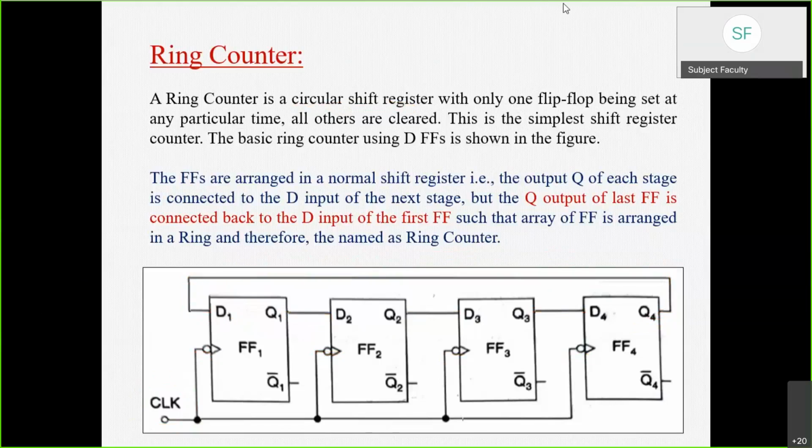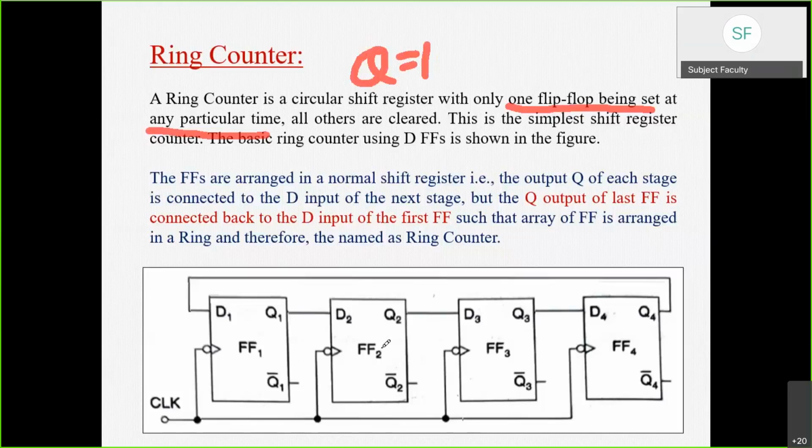This is again an important point that you have to remember: only one flip-flop is set at any particular time. That means out of the four flip-flops, only one will have the value Q equals 1.